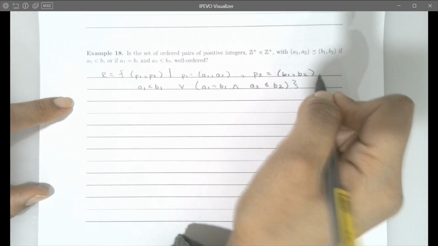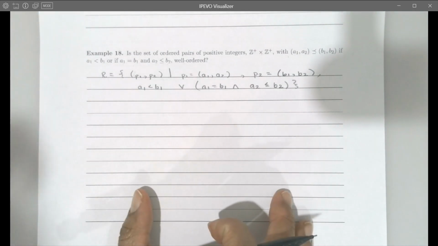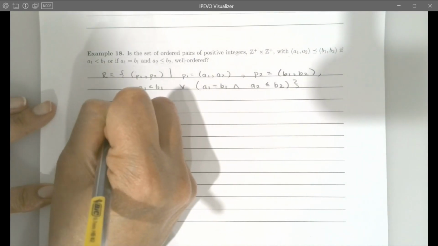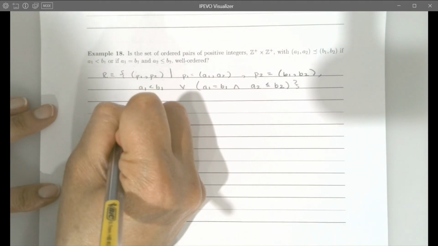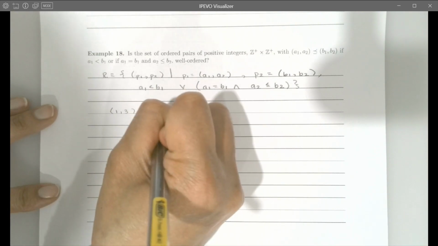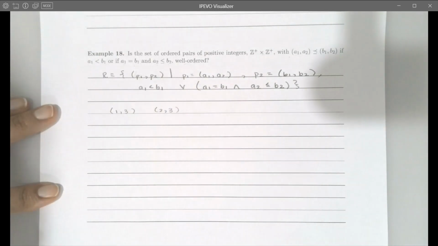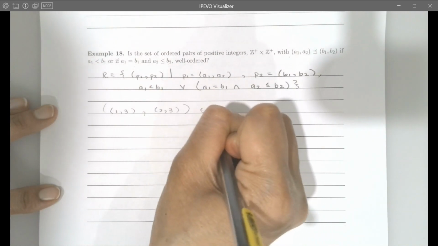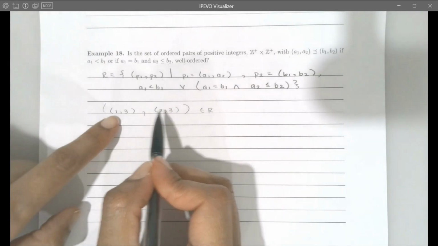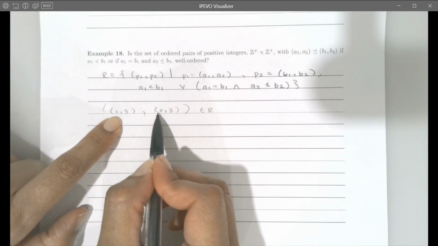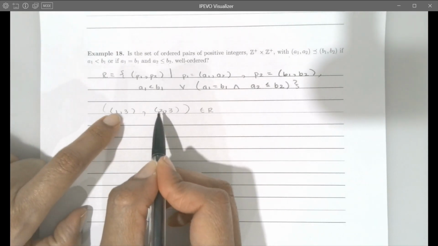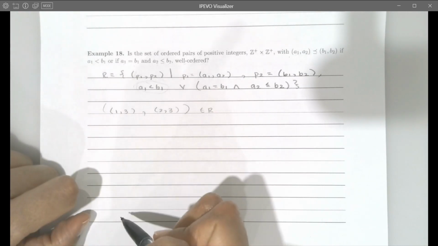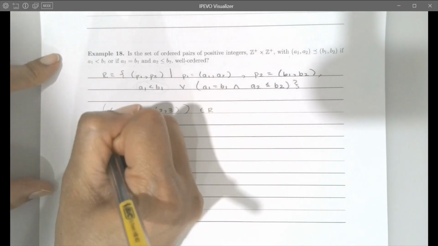Okay. So just to give an example of an ordered pair that would be part of R, let's say we have the ordered pairs 1, 3 and 2, 3. These two together would be part of the relation R, because the first coordinate is less than the second coordinate, and so it satisfies this condition. So that means that these would get paired together. Here's another example.